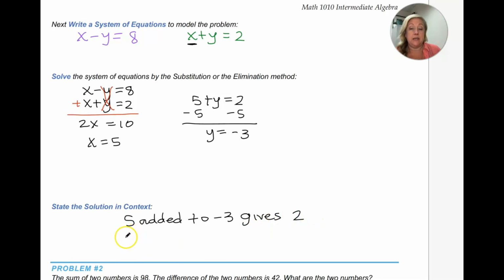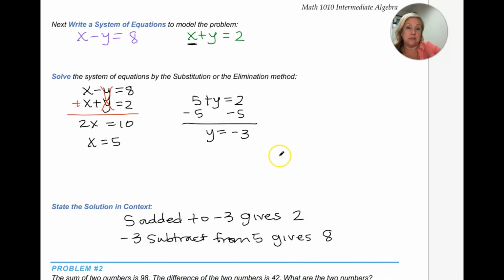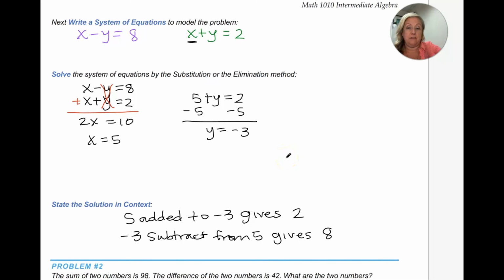And then when I take -3, so -3 subtracted from 5 will result in 8. So I can see that, yep, that is in fact the solutions that I should come up with.